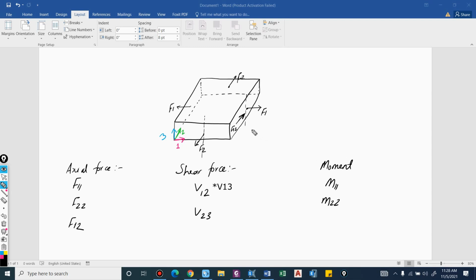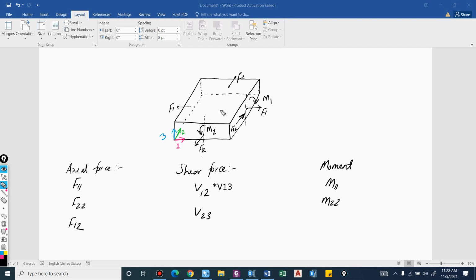M11 basically means moment about axis 1. Considering this face, the moment in this way will be moment M1, that is moment along axis 1. Similarly moment along axis 2 is M2.